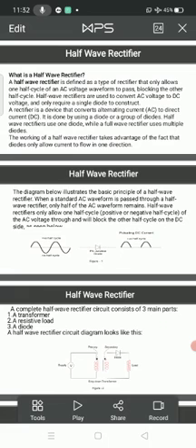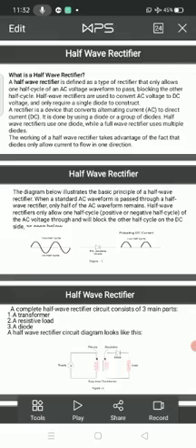Next, a rectifier is a device that converts alternating current to direct current. It is done by using a diode or group of diodes. See here, this rectifier converts AC current to DC current by using a diode or group of diodes, because in a half wave rectifier we are using only a single diode.